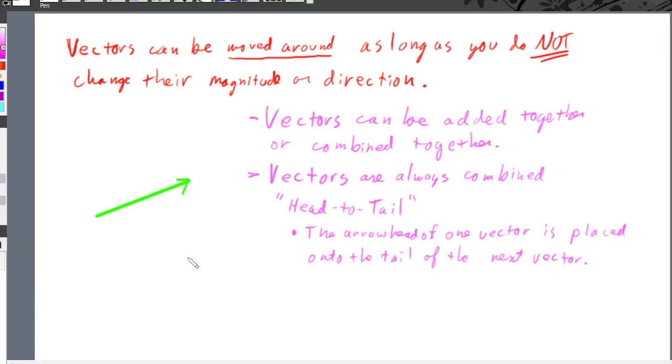So let's just say that I have another vector down here that I'd like to combine my kind of pink purple vector with my green vector. And so what I'm going to do is take my pink purple vector and move it until, whoop, who knew that that would cover up that way.